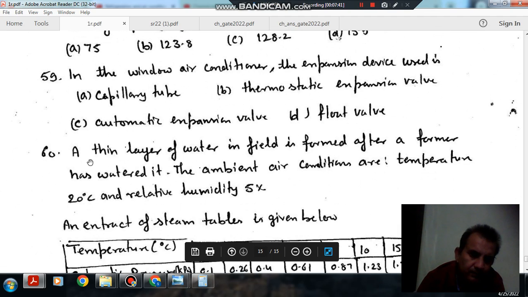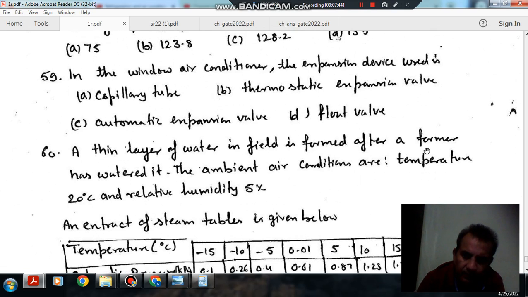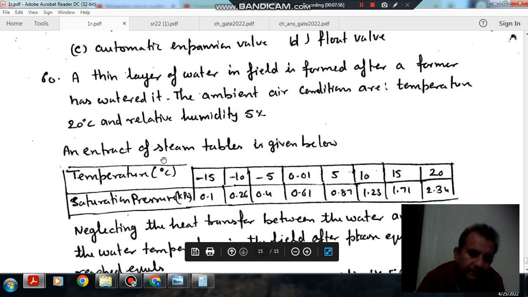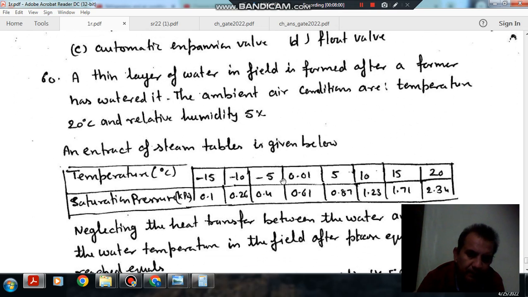Question number 6. A thin layer of water in a field is formed after a farmer has watered it. The ambient air conditions are temperature 20 degrees Celsius, relative humidity 5%. An extract of the steam table is given below. Temperature: minus 15, minus 10, minus 5, 0.01, 5, 10, 15, 20.